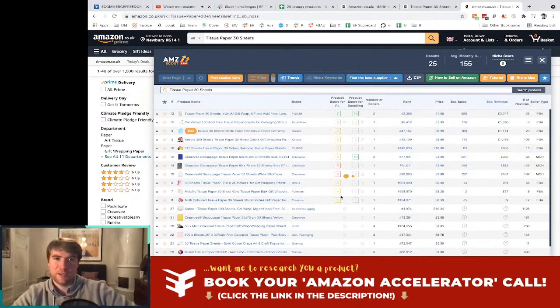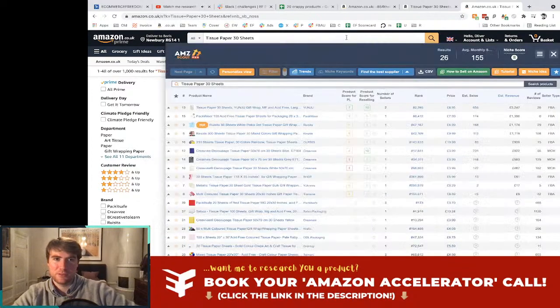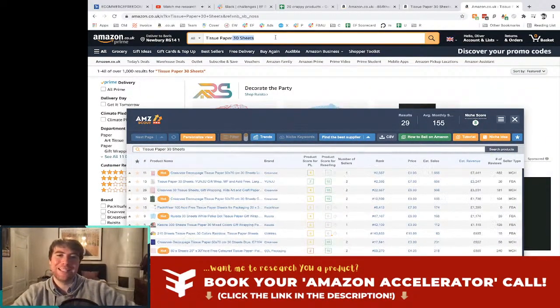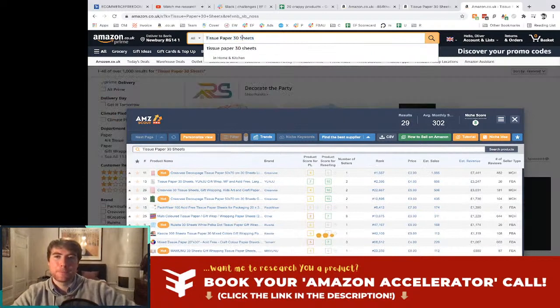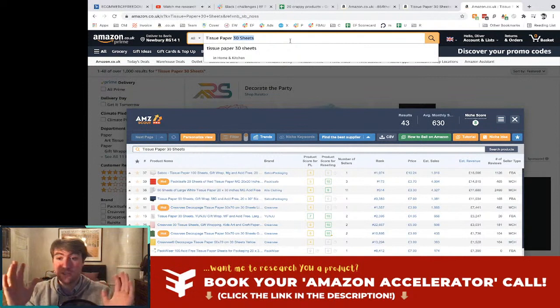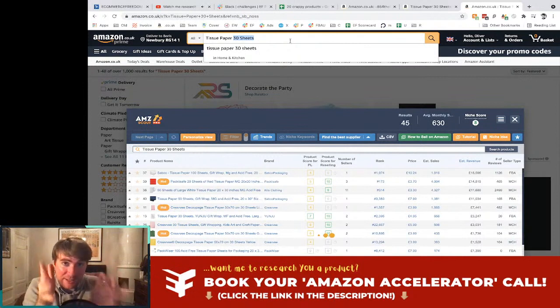What is this niche? Tissue paper, 30 sheets. You'll notice that as you add words to a keyword, the competition reduces. It's a very important thing to understand. If I just type in tissue paper, this niche is going to be crazy. There's going to be so many competitors. But if I do tissue paper 30 sheets and we go more narrow, the competition is going to reduce because there's not going to be so many people selling that specific thing.